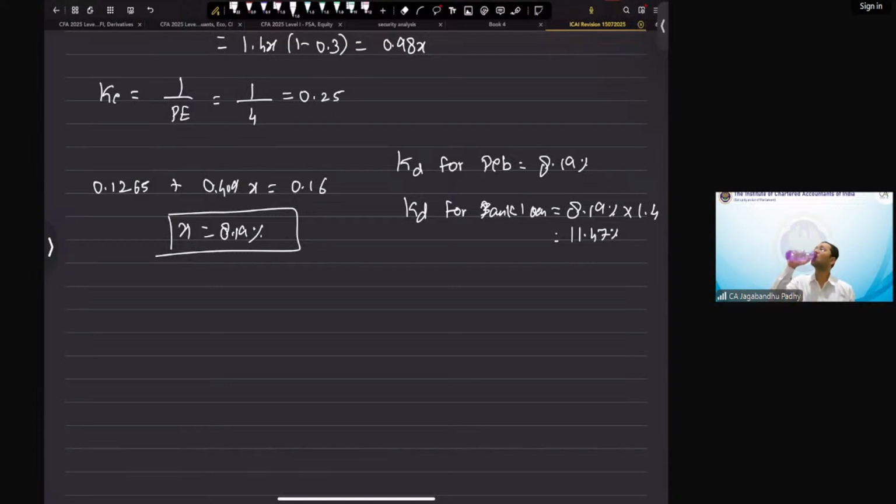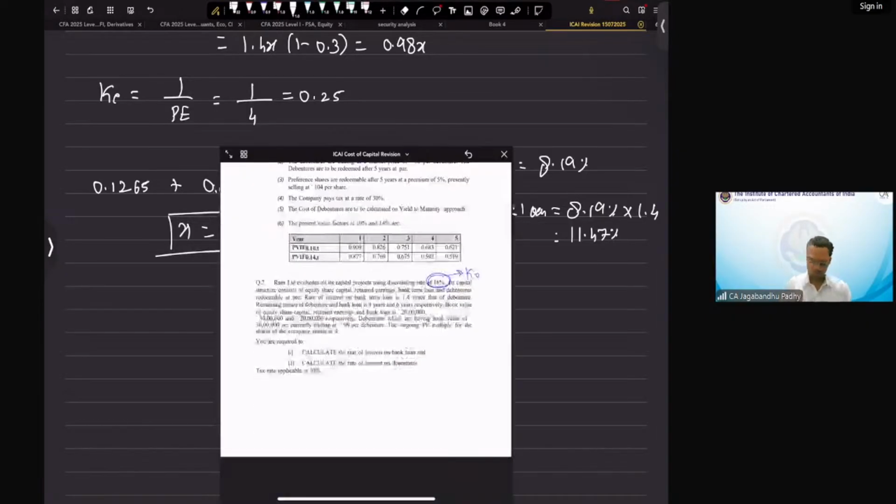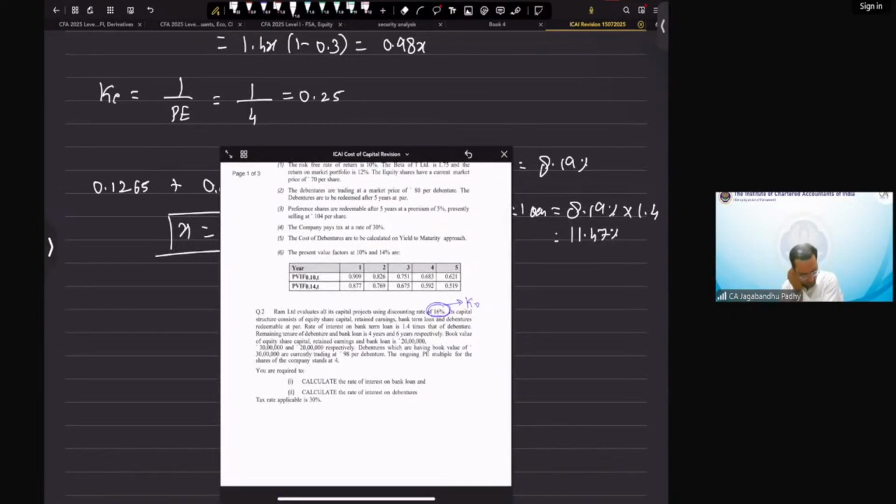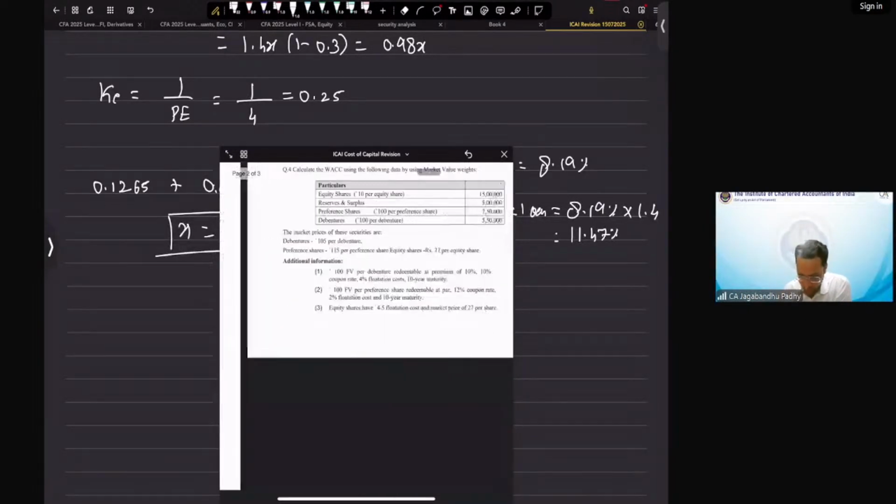Okay. That's how we get the value of x. Okay, so interesting as well as quite a bit different question that we can think of.